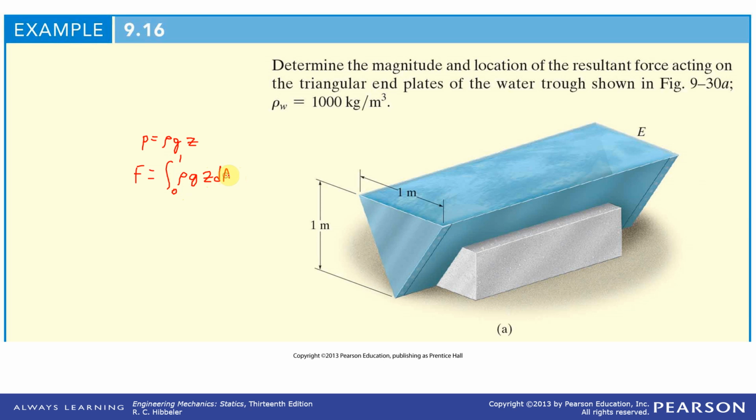Now, this is what we need to figure out down here at z. dA is going to be going from, now z is the depth down. Okay, so it's just the width. dA is going to be the width times dz. It's just figuring out the width. It's going to be interesting. So it looks like z goes from 0 to 1 as it goes from 0 to 1. So width looks like it's going to be 1 minus z.